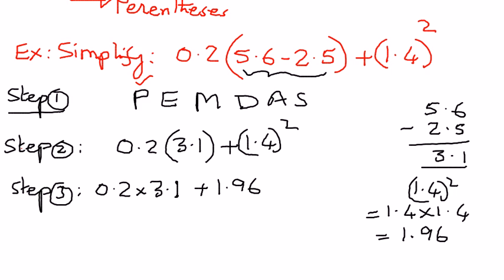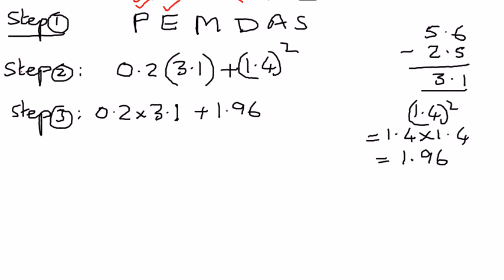So to come back to step 1, we simplified the numbers inside the parentheses and we expanded the exponents. Now the third operation we need to perform is multiplication. We look at the numbers here and see if we have any multiplication going on. Yes, we do: 0.2 times 3.1 is what we need to perform. So we'll write that in step number 4.